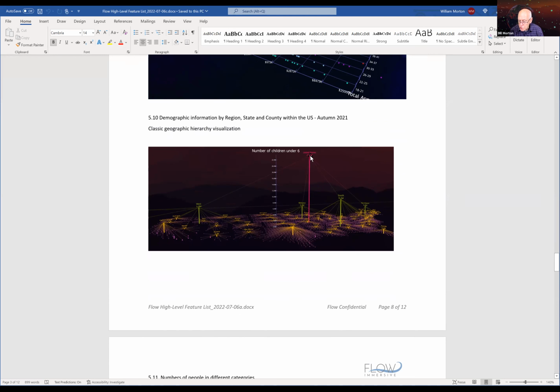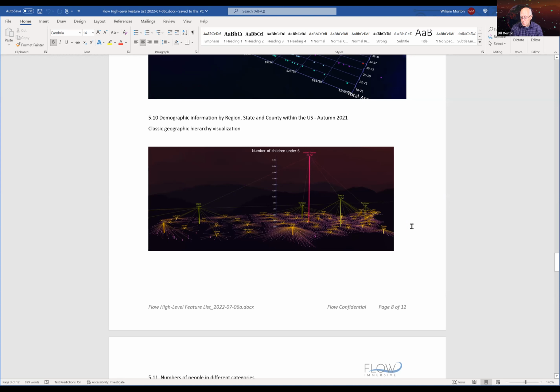This shows the total number for the country. And then we've got regions of the country. We've got the South, the Midwest, the West, the Northeast. So each of the values of number of kids under 6 is shown there on a regional basis. And then that goes down into a state-by-state basis, and ultimately down to a population by county, I think it is.